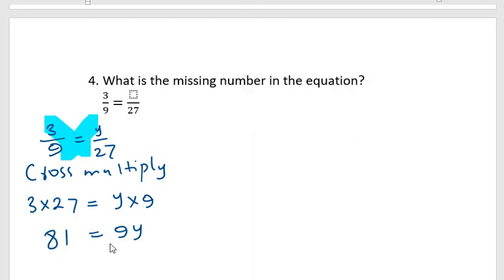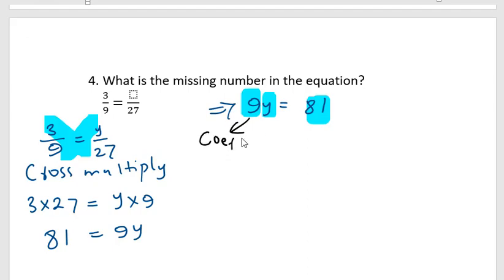What's the next step? Because you have a variable and a coefficient, simply divide both sides by the coefficient of that variable. This is 9, this is y, and then you have another number, which is a constant. The coefficient is the number written alongside the variable.